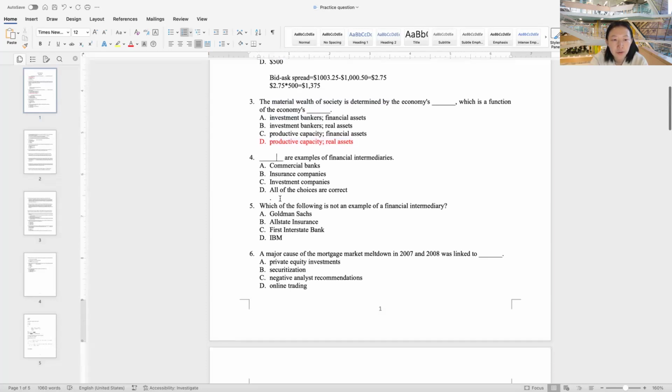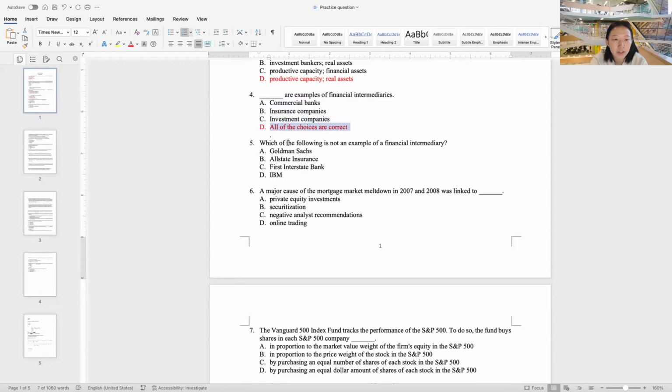Okay, question 4, what are the examples of financial intermediaries? I think commercial banks, they are the middleman. They belong to the financial sector, and if they are in the financial sector, usually they are intermediaries. Insurance companies are intermediaries. Investment companies are intermediaries.